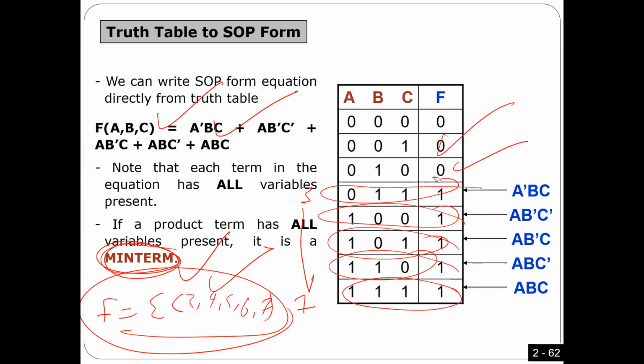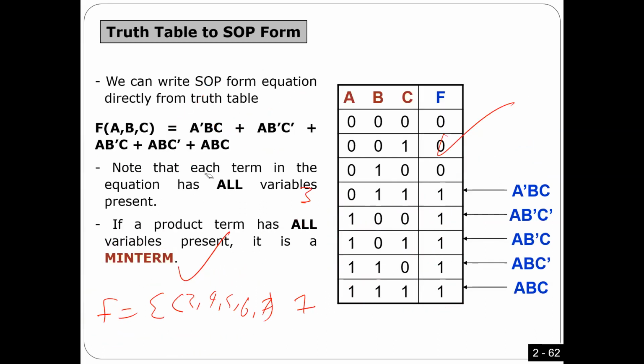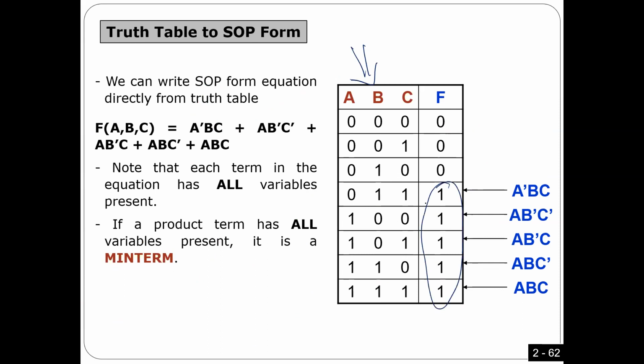As an example, for this truth table, I'm going to work on the ones here, the min terms as I told you, and this is the function I got here.